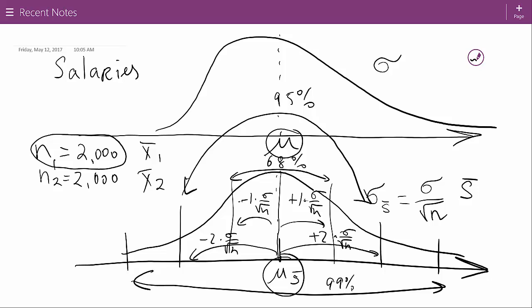And if I want to be 99% confident, I have to go plus or minus 3 standard deviations. So my confidence level really defines how many standard deviations to the right and to the left I have to travel from the mean in order to capture more and more points.